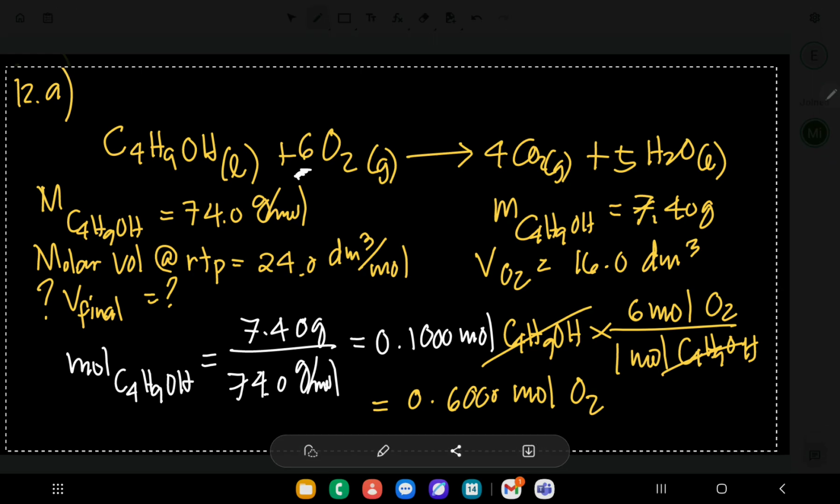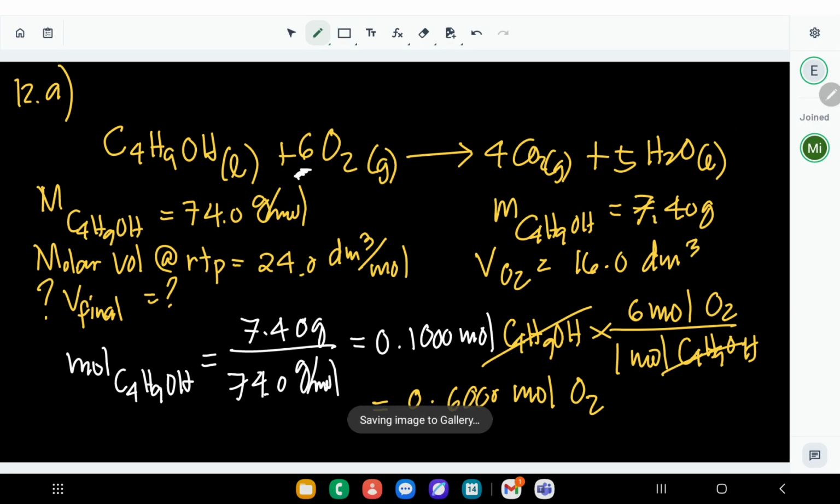So we already got the number of moles of butanol, and then we got the number of moles of oxygen. We're given here the volume of oxygen, which is 16 cubic decimeters, and then we have the molar volume of gas at room temperature.